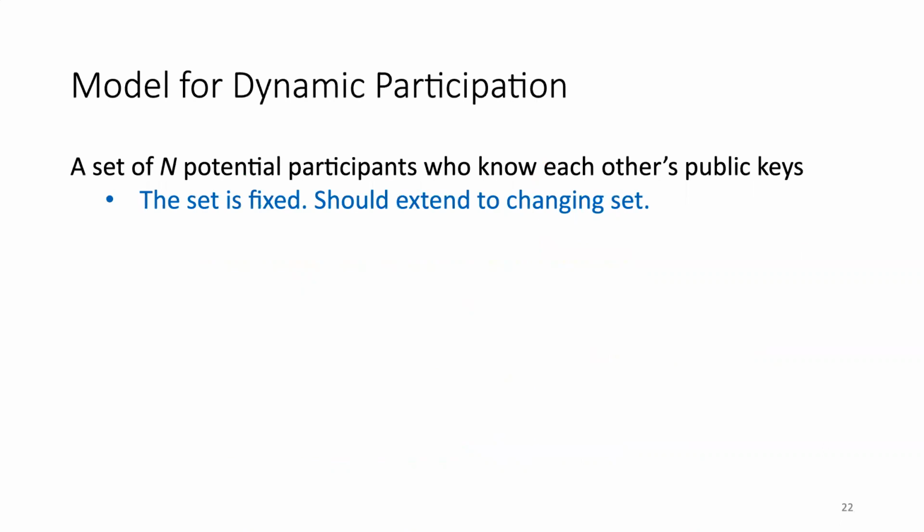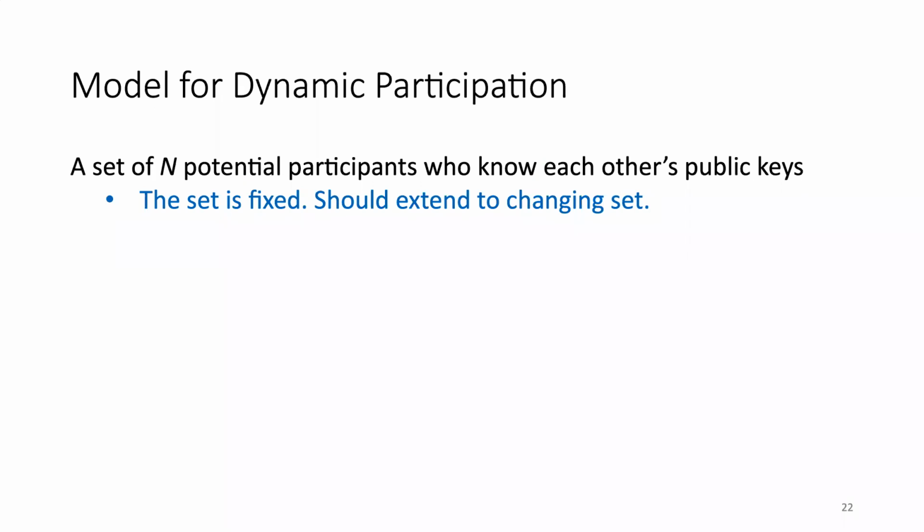Yes, I'm going there. I'm going to the more formal model now. Okay, let's be more rigorous. We have a system where there are n potential participants. That n is fixed. You should think of it as, say, the total number of coins in a proof of stake system, and they know each other's public keys.